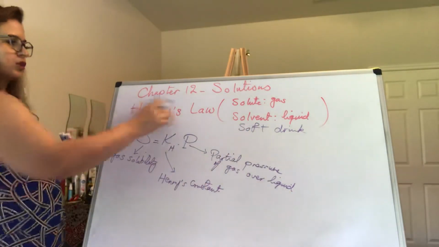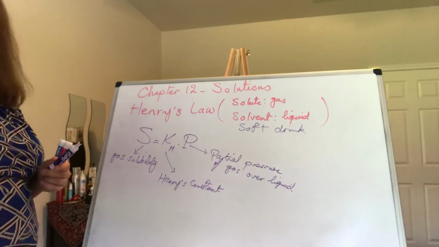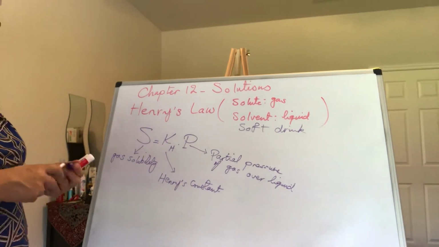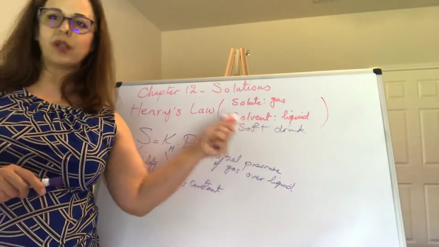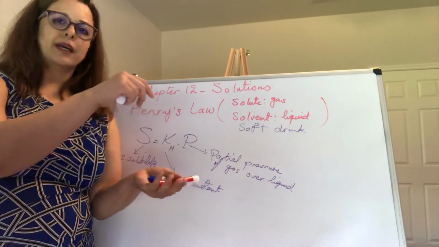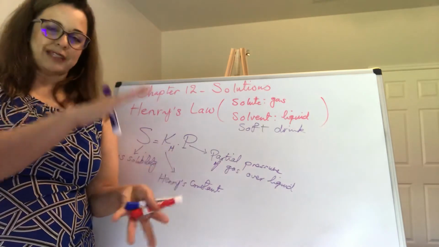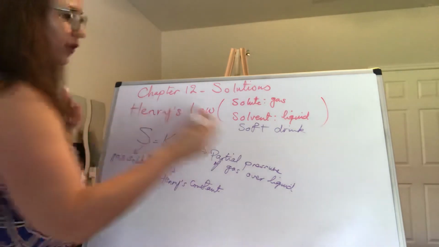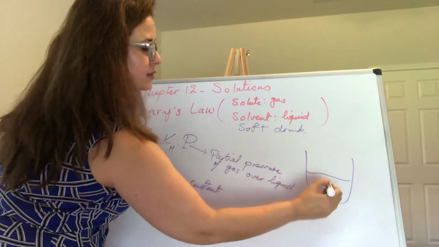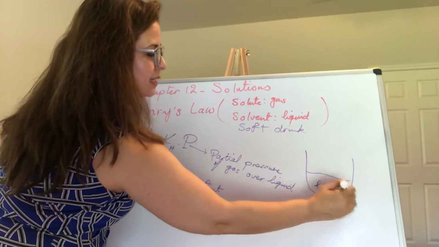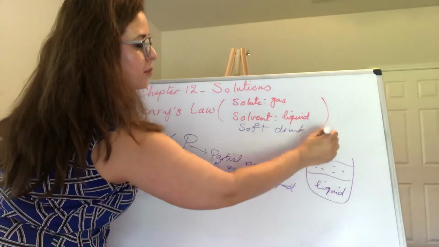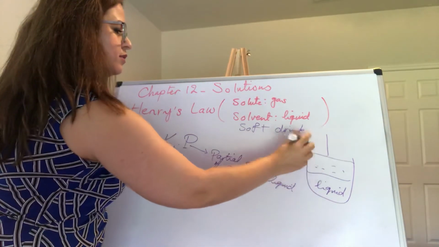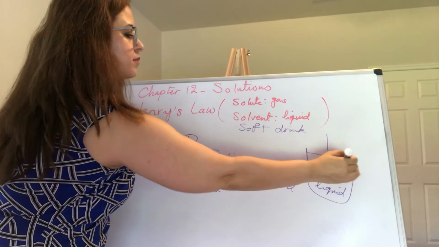So whenever you're talking about the solubility of a gas in a liquid, you need to use Henry's law and keep this example of soft drinks in mind. You can also imagine a cylinder halfway full of liquid. Let's say this is your liquid, and some gas molecules are on top, and this is the piston of the cylinder.